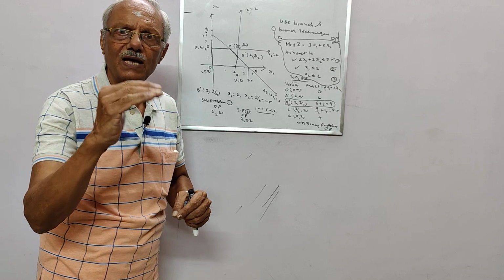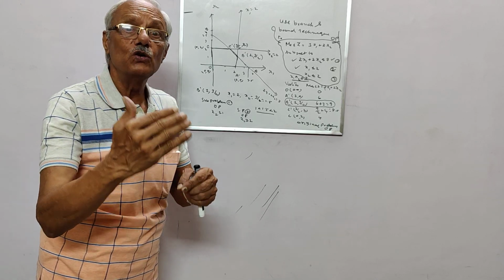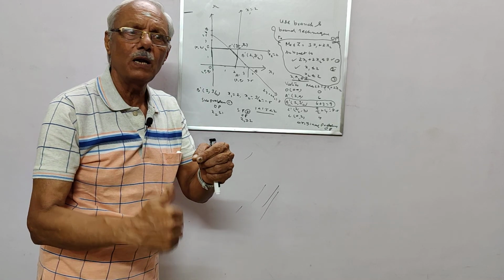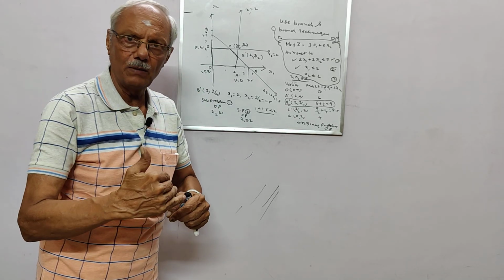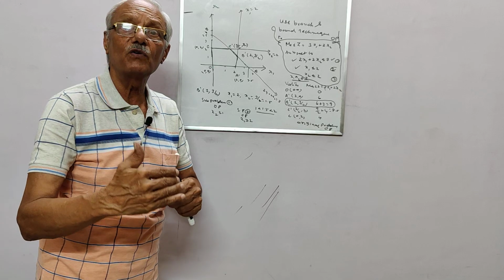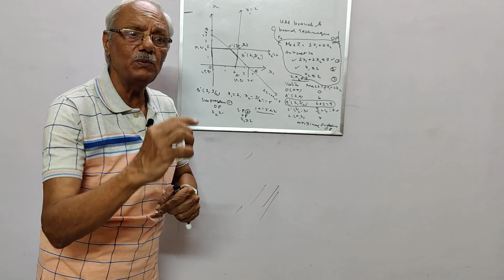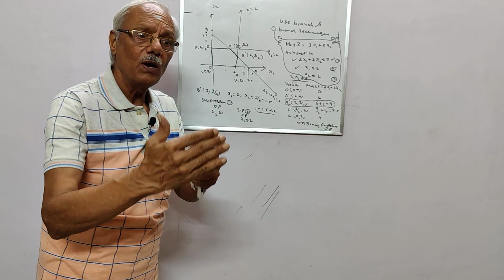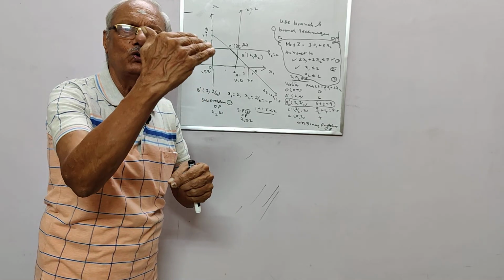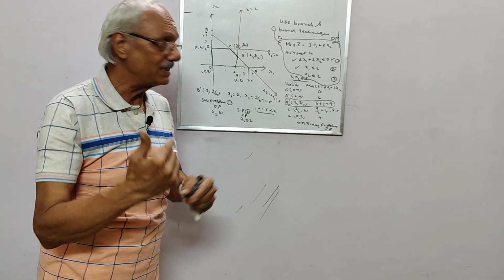You should either go below 1 or go above 2, so that 2 and above or 1 and below to search for an integer solution, because in between 1 and 2 you will get only fractional values. So below 1 and above 2 I will go in search. That's why I have written here.